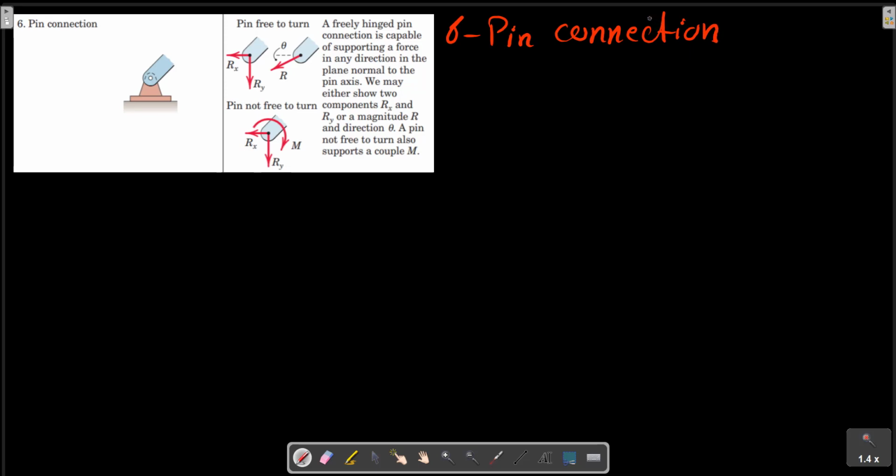Example 6 illustrates the action of a pin connection. Such a connection can support force in any direction normal to the axis of the pin. We usually represent this action in terms of two rectangular components, as shown here, and the resultant R.